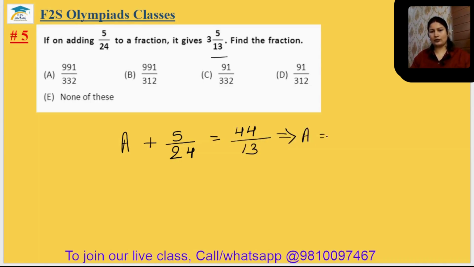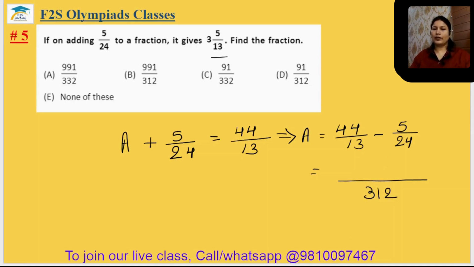A equal to 44 by 13 minus 5 by 24. Common LCM of 13 and 24 will be the product of 13 and 24, as there is no common factor. This is your 312. Okay?